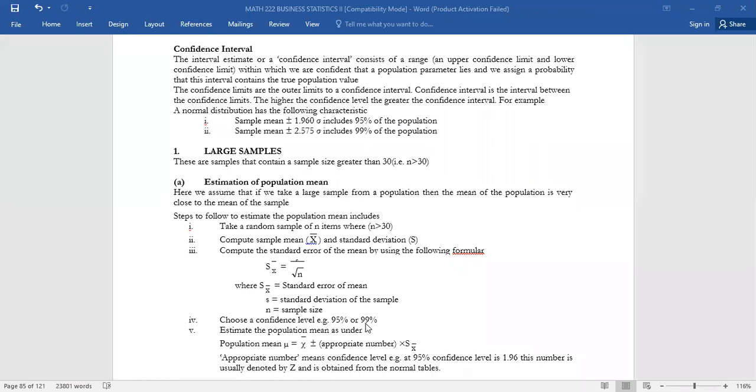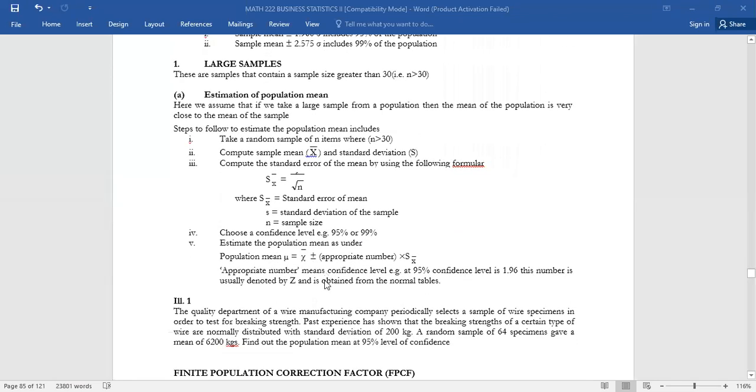From this, we compute the sample mean, X bar, and its standard deviation, or the standard error, if I may say. And after getting the standard error, using the formula, we choose a confidence limit. So we can either go with 95 or 99%. And then from there, we estimate the population mean.